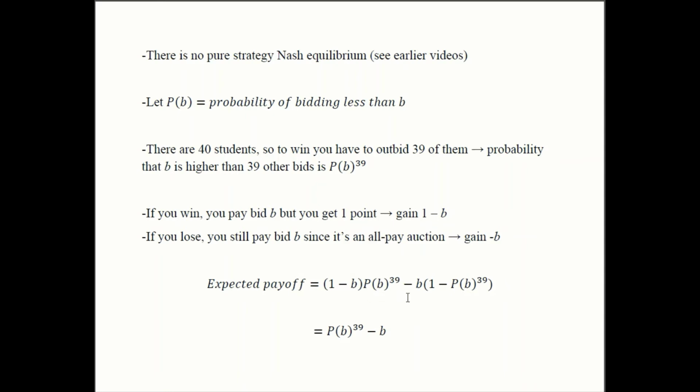If you lose the auction, you just pay your bid B because it's an all pay auction. You pay whether or not you win, so you get minus B times the probability of losing. If you win with probability P of B to the 39, you lose with probability 1 minus that. You do some simplification and you get an expected payoff of P of B to the 39 minus B.